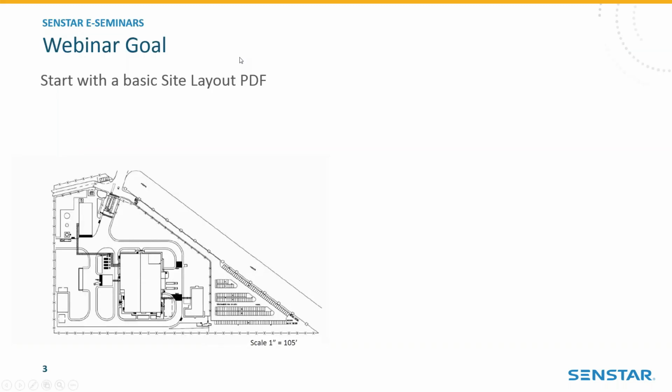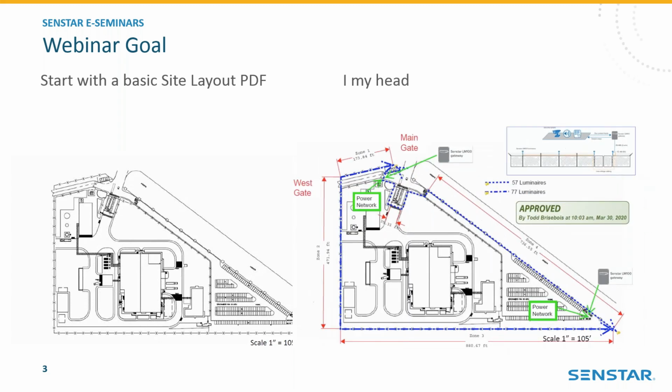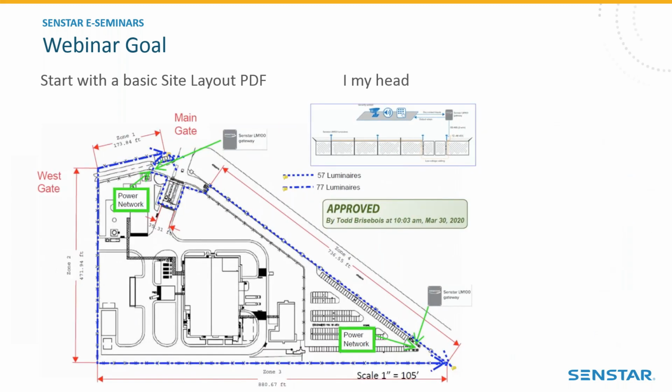So welcome to my webinar goal for the day. Here's an example of a site that my customer provided me, looking to get my input on perimeter and possibly recommend some sort of perimeter security solution. My engineer isn't accessible, but I have all kinds of information that I'd like to add to this drawing, and it's all in my head, and it looks great.